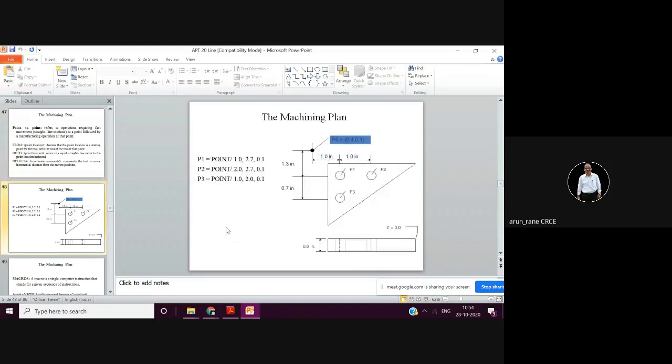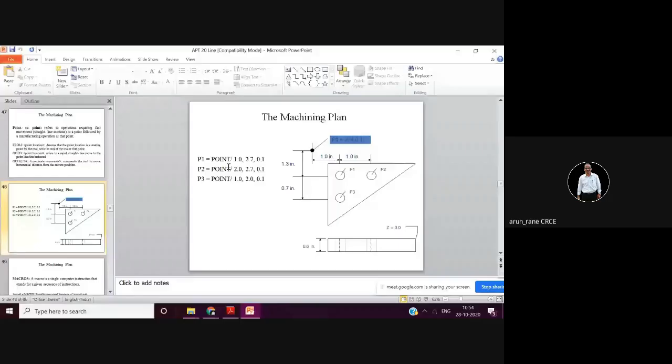Now again, this is a simple geometry having point P1, point P2, and point P3.